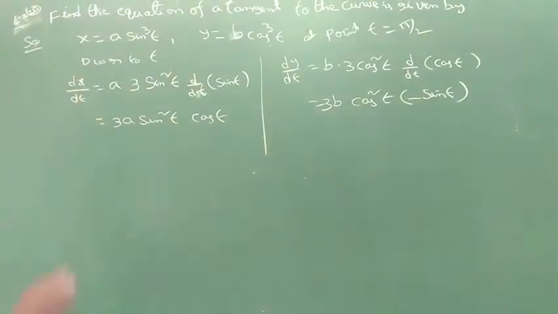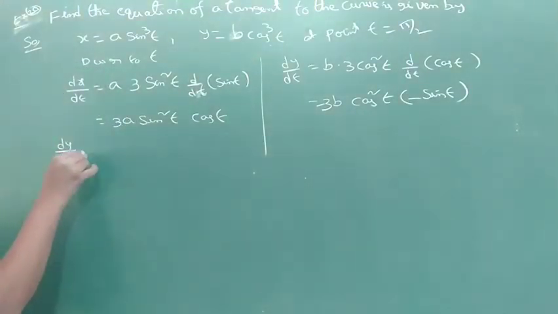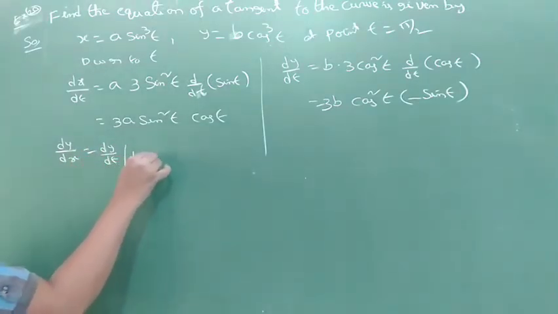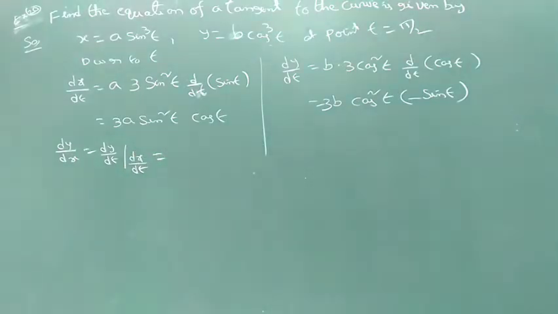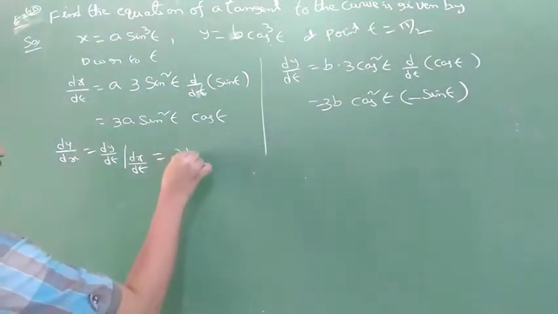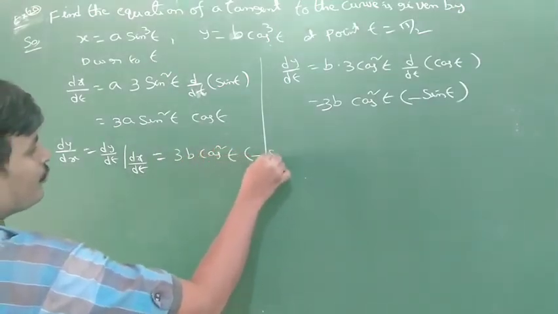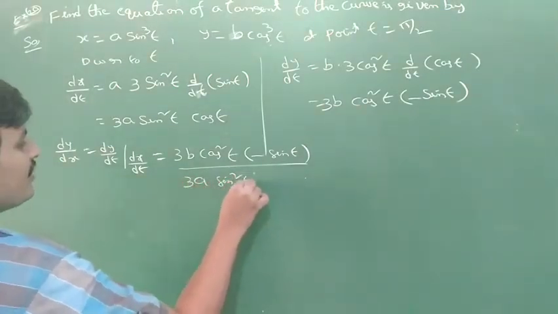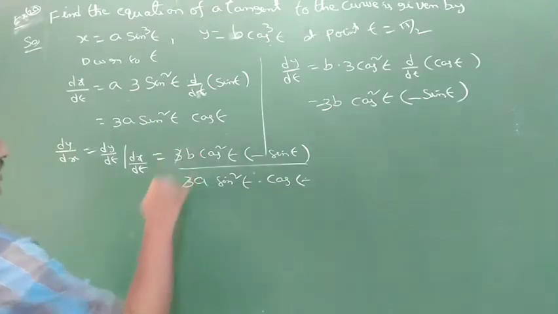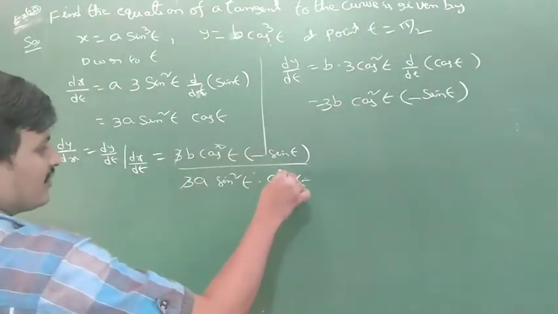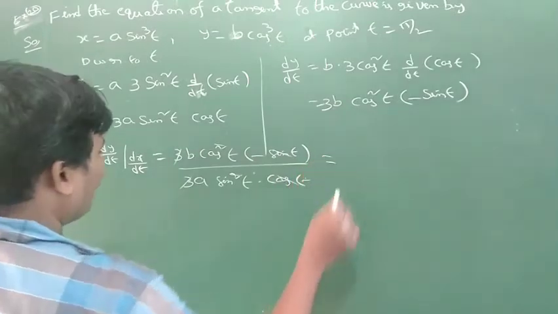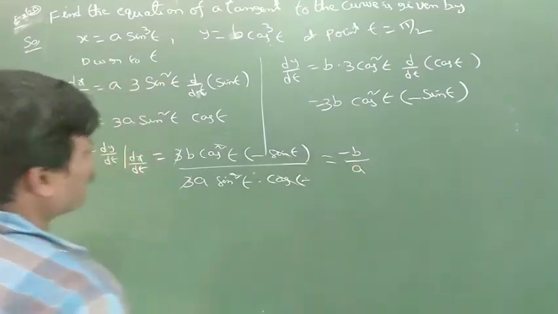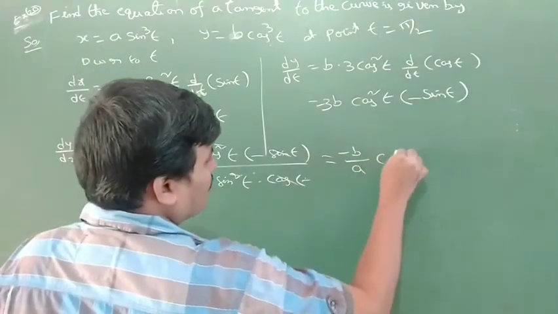Okay, so dy by dx is equal to what? dy by dt by dx by dt, that is 3b cos square t into minus sin t by 3a sin square t into cos t. 3 cancels, one cos cancels, one sin cancels. So it is minus b by a into cos by sin, which is cot t.